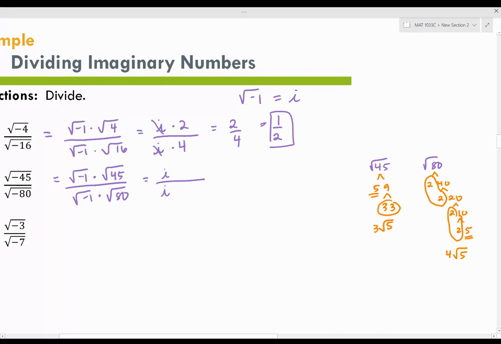The numerator is going to be 3 square root of 5, and the denominator is 4 square root of 5. The i appears in both the numerator and the denominator, so we can cancel it. And so does the square root of 5, so we can cancel that as well. So that's going to leave us with 3 over 4.